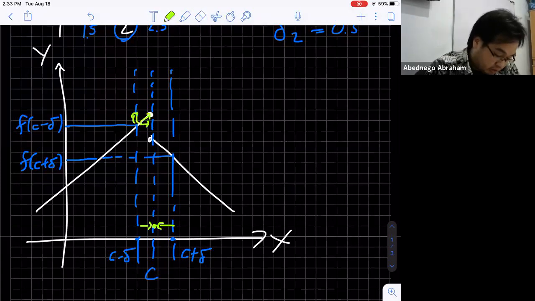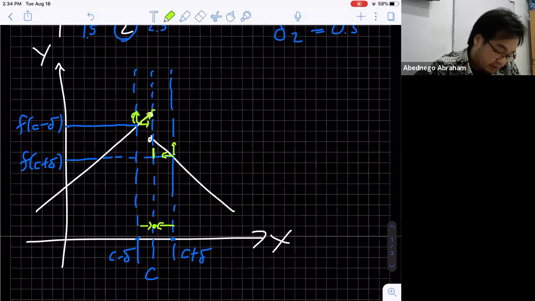Now what happens on the other side? When approaching this way, it goes up. When delta is very close to zero, the values are not getting to the same point.